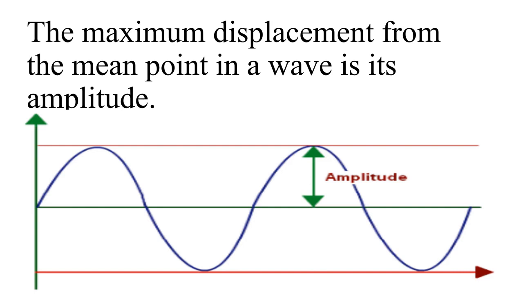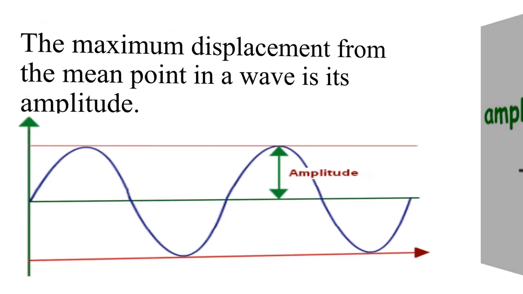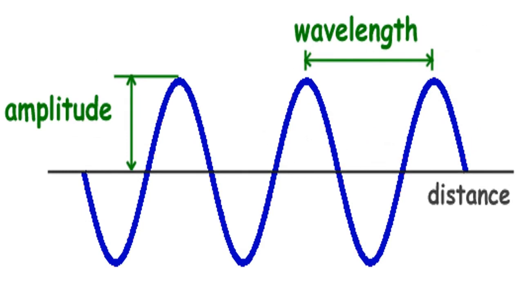You can check here that amplitude also basically describes the depth or the maximum displacement of the wave. Here we have compared wavelength and amplitude. Wavelength is measured horizontally, whereas amplitude is measured vertically.